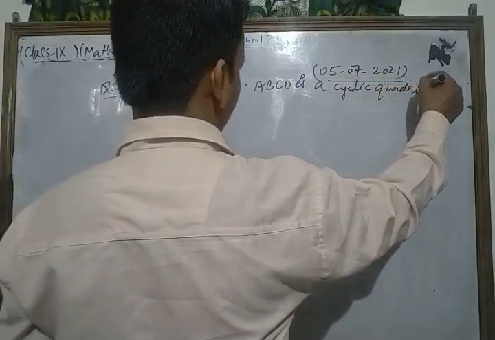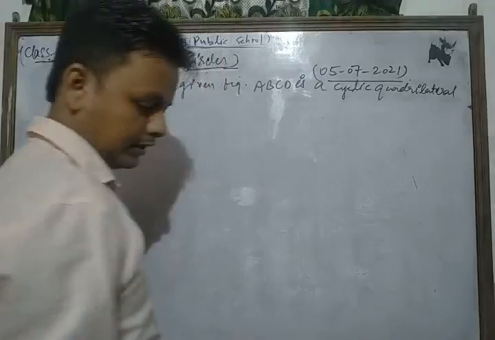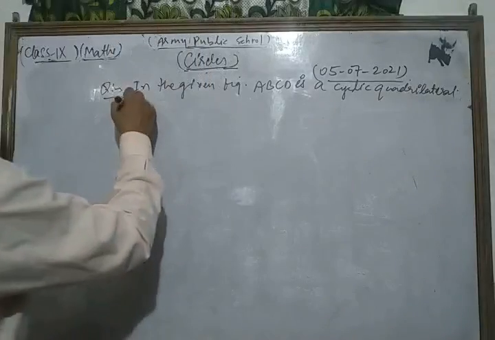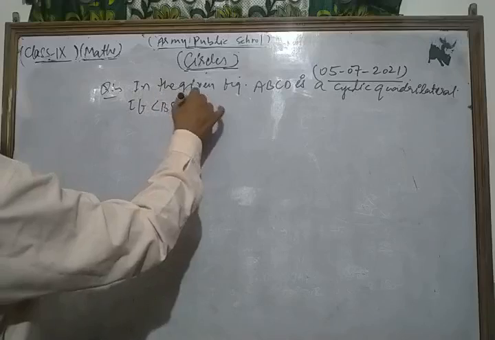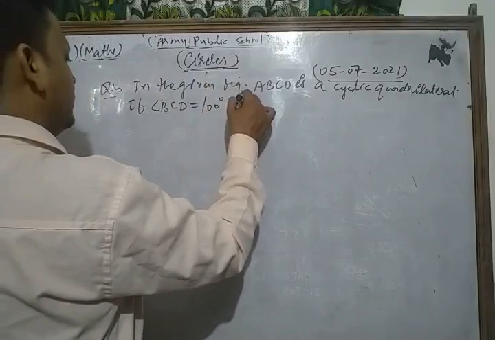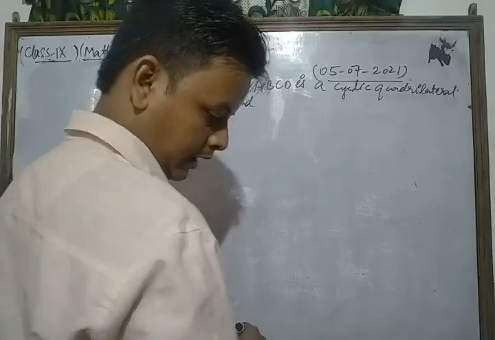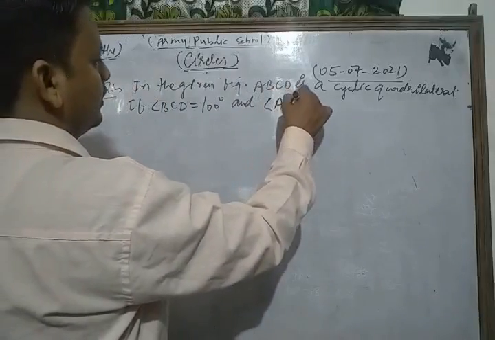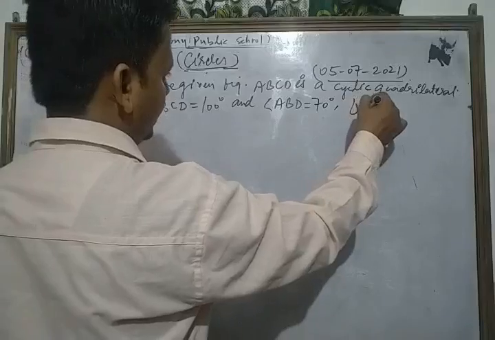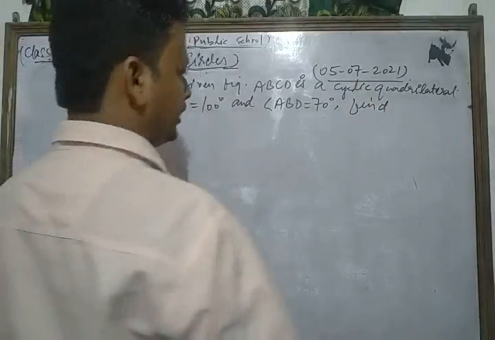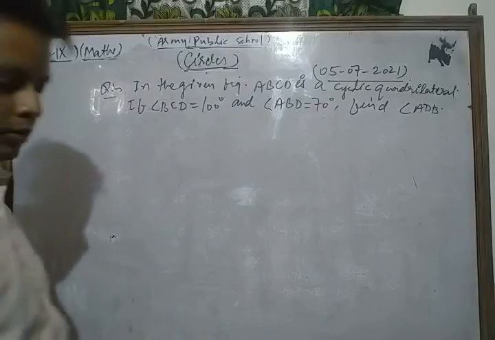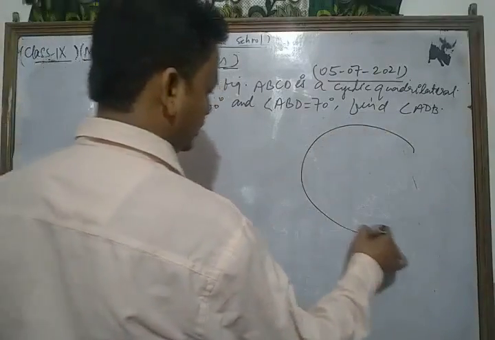If angle BCD is given as 100 degrees and angle ABD is 70 degrees, find angle ADB. So first of all, we draw the figure.